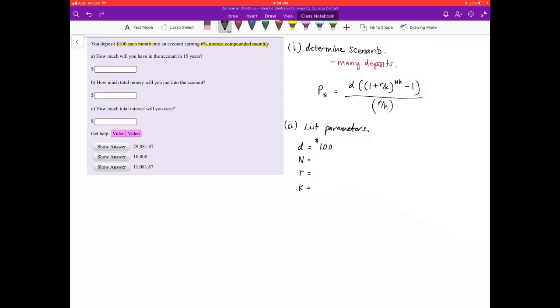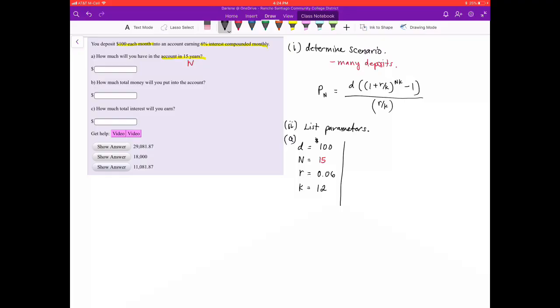Part A says, how much will you have after the money's been in the account for 15 years? So that would be 15. The rate given is 6%. And it's compounded monthly because you're making deposits monthly, so K would be 12 because it would be 12 times a year.